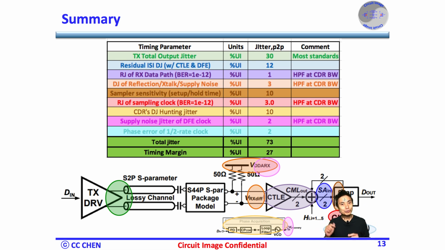Therefore, we need to evaluate the sampling clock path as well. To summarize what we need to put in the eye width margin in the table, let's apply our case study here. First, the TX total output high-pass filtered jitter, RJ plus DJ, from the jitter specification of most standards. The 30% UI is a must.